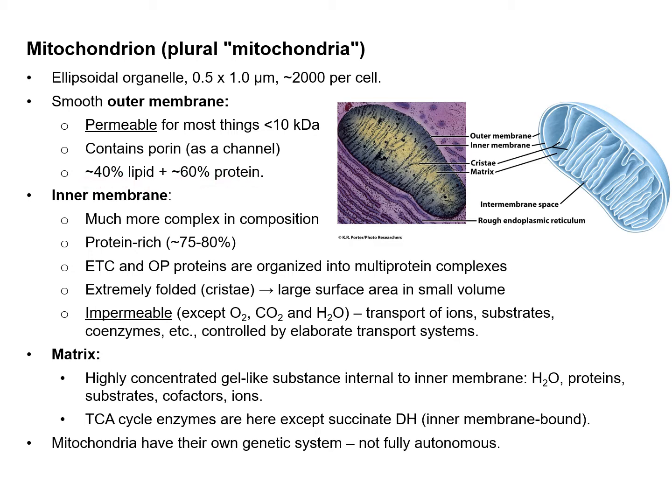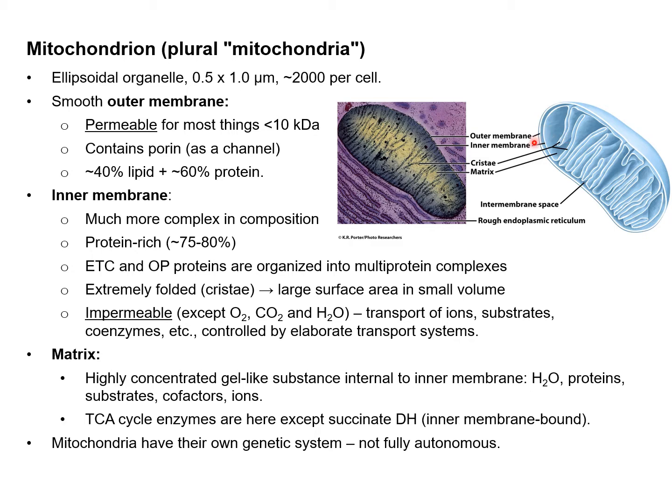And inside of the outer membrane of the mitochondria, there's an inner membrane, which has a more complex composition. When you look at their composition, 70 to 80% are proteins, and they are mostly electron transport chain, or ETC, or oxidative phosphorylation, or OP proteins, that are organized into multi-protein complexes.